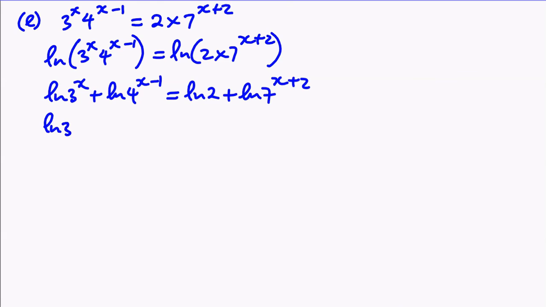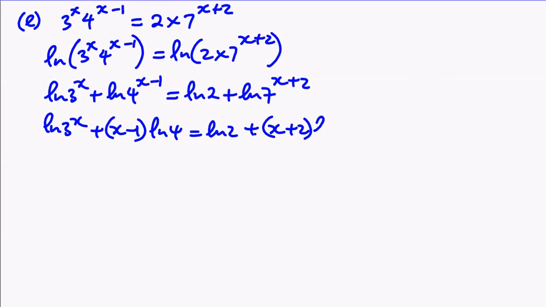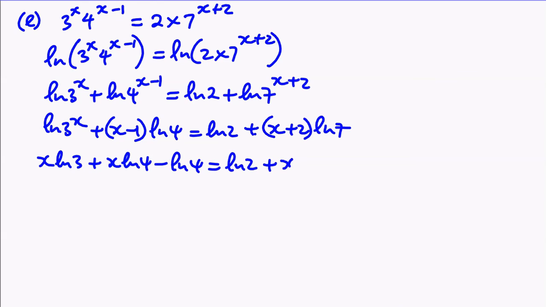So ln 3 to the power x plus x minus 1 ln 4 is equals to ln 2 plus x plus 2 ln 7. Expand the bracket. So x ln 3 plus x ln 4 minus ln 4 is equals to ln 2 plus x ln 7 plus 2 ln 7.